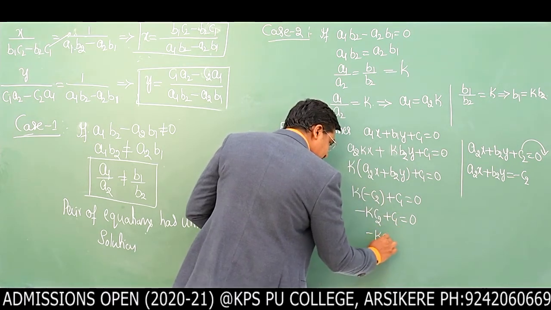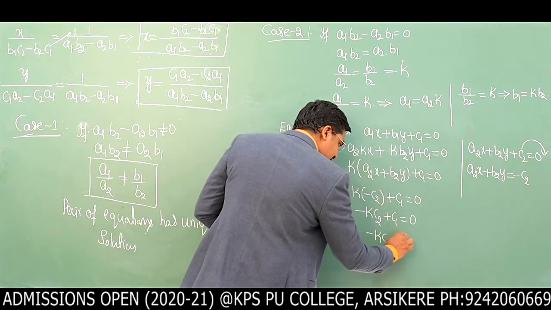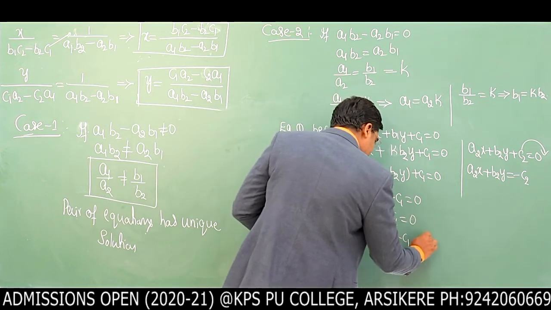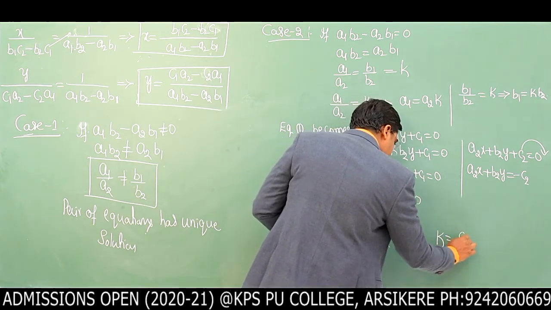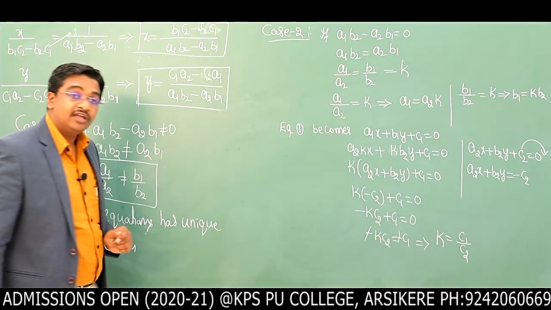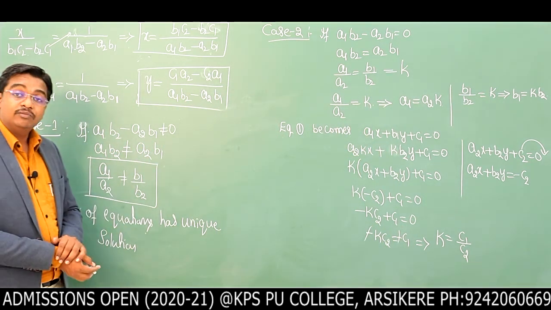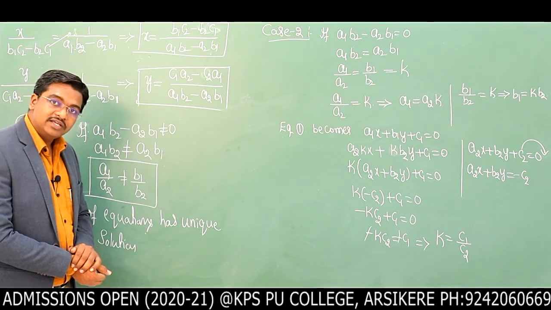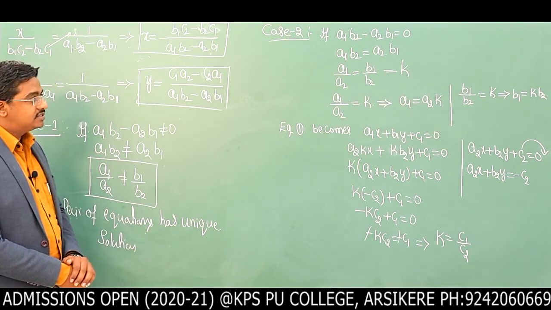Then k c2 is equal to c1, which implies k is equal to c1 divided by c2, because the negatives cancel.